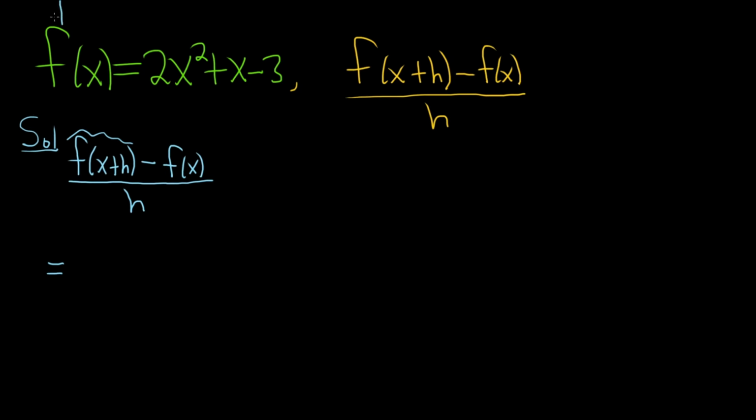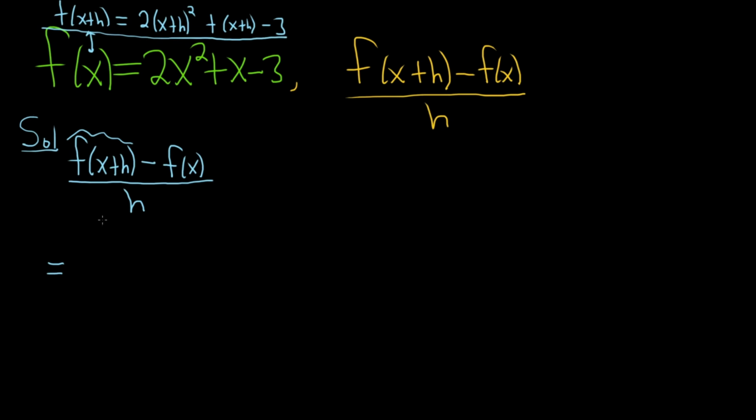So f of x plus h basically just means that you replace every x with x plus h. So it's 2 times x plus h squared, plus x plus h, minus 3. So this whole thing here is the f of x plus h.